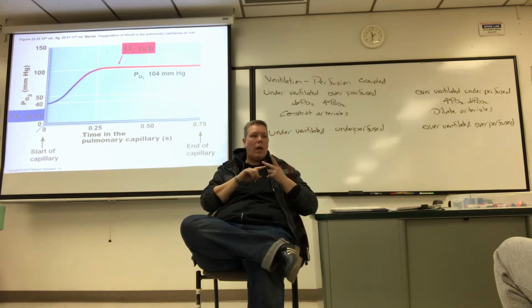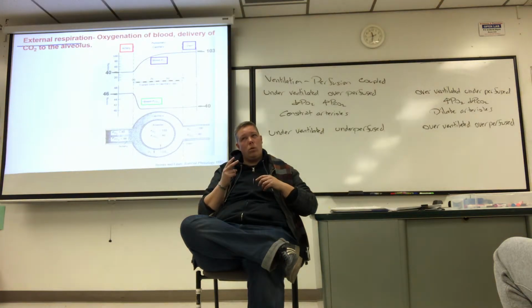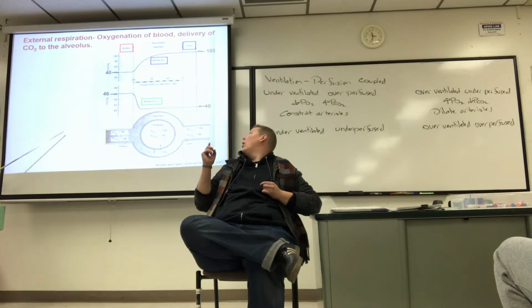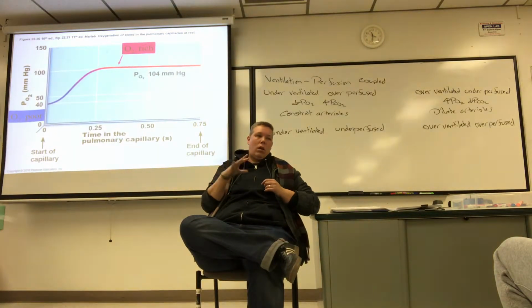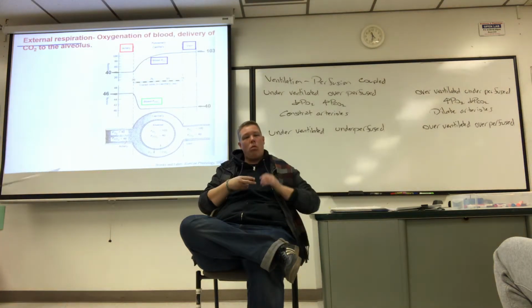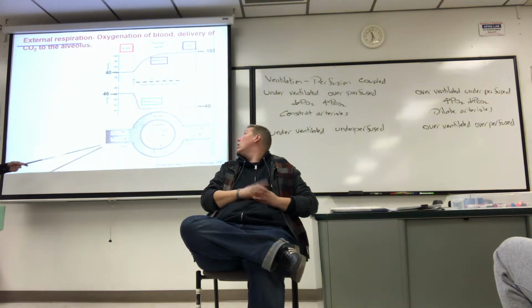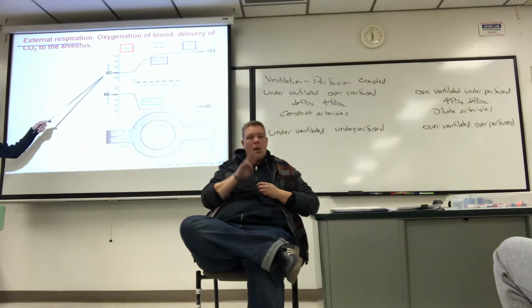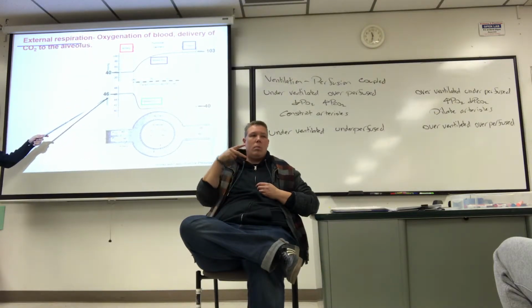And for the CO2, they put them both on this figure, so I included it. I don't like this figure because they only show the exchange of one gas. They don't show the exchange of the CO2, but it is shown here. What they show here is blood coming in at PO2 40, PCO2 46.